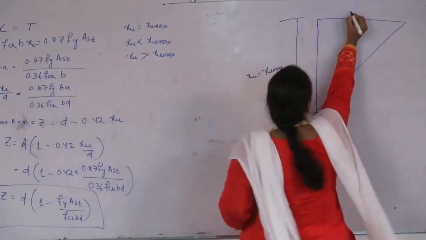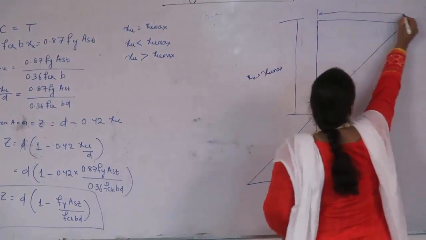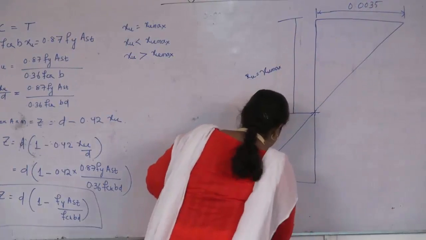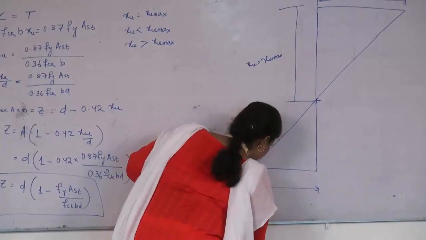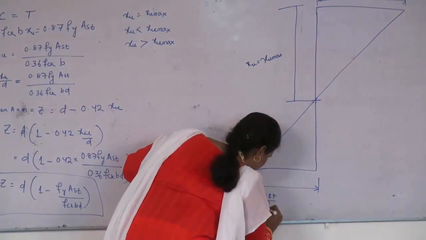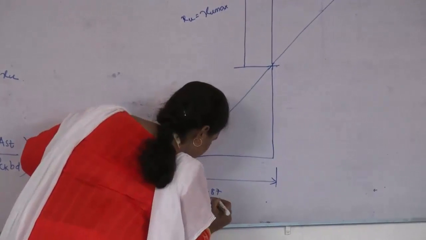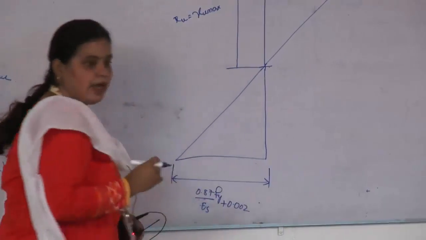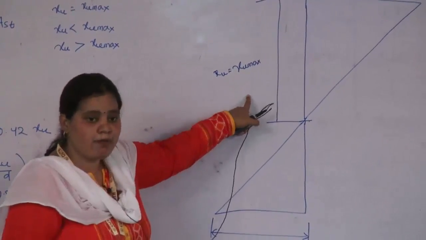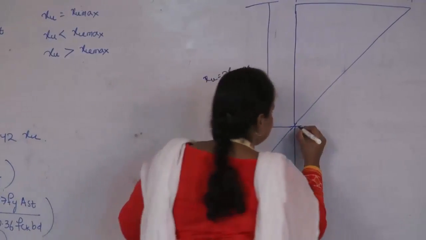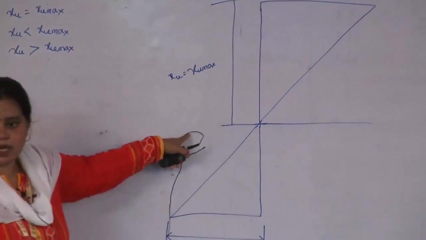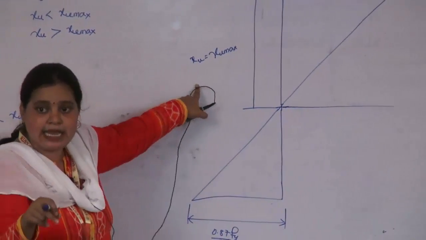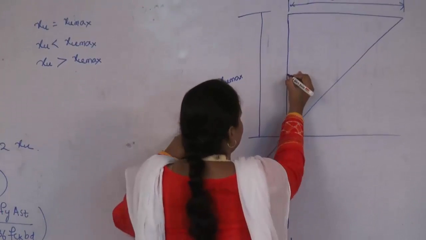Now, here the total value is 0.0035 and here is 0.87 Fy by ES plus 0.002. Okay. So whenever XU equals XU max, the neutral axis lies here. Now if XU is less than XU max, then the neutral axis lies here.